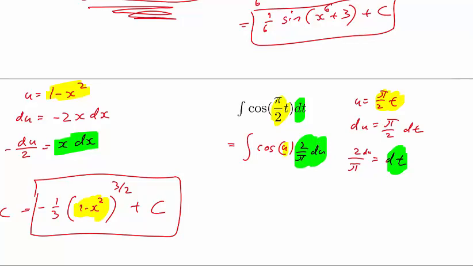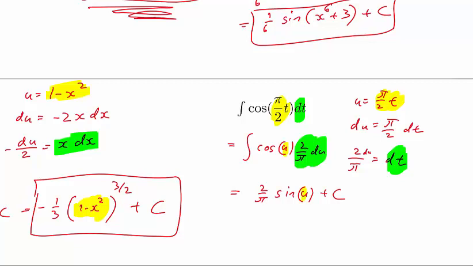All right, and now we evaluate that. Derivative of sine is cosine, so we write sine of u plus the constant.